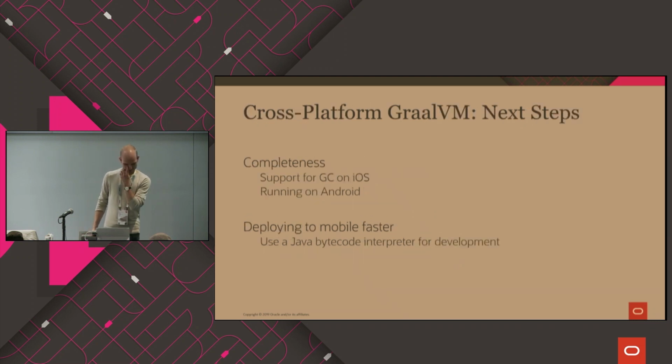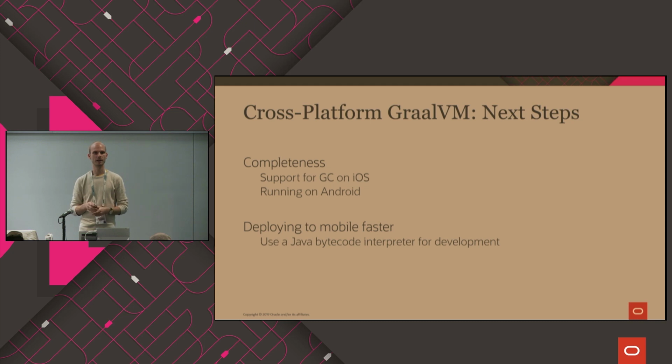And the next steps for us in this context are, as I said, improving the GC and pushing out the Android support. For deployment to mobile, I said earlier that compiling the native image takes a little bit of time, and when you want to iterate quickly, you want to try it on the mobile device quickly.